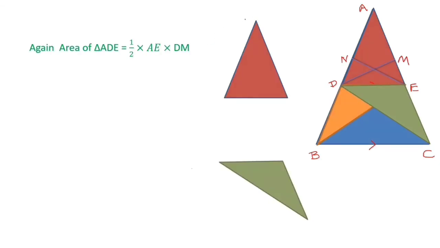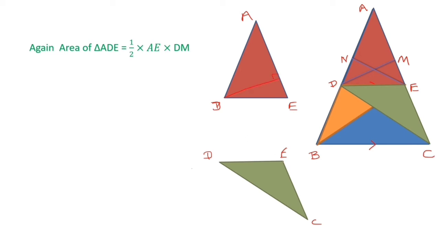Now see triangle ADE and triangle CDE. Area of triangle ADE with the base AE: if base is AE, then DM becomes height because DM is perpendicular to AC, which is nothing but DM is perpendicular to AE. Therefore area of triangle ADE is half into AE into DM for base AE.